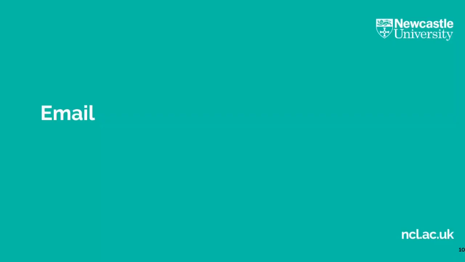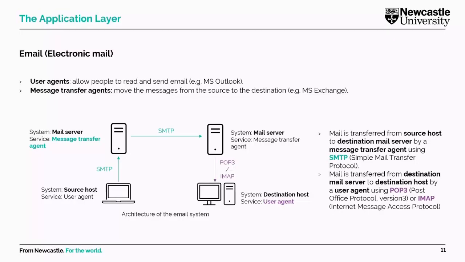Right, so we talked about DNS, now we'll talk about email. I guess you know email as well as I do, but this is a brief overview of how things work behind the scenes. When you want to send an email to someone, you're the source host and you're running some kind of software which allows you to write and send emails, and that's called the user agent.